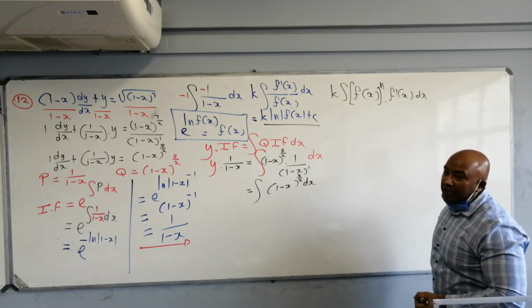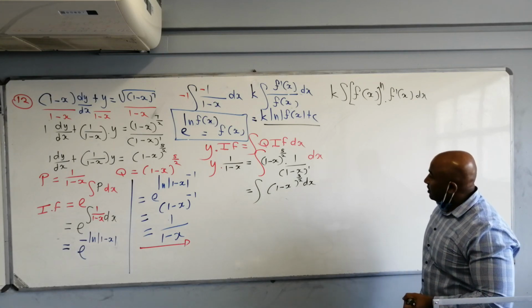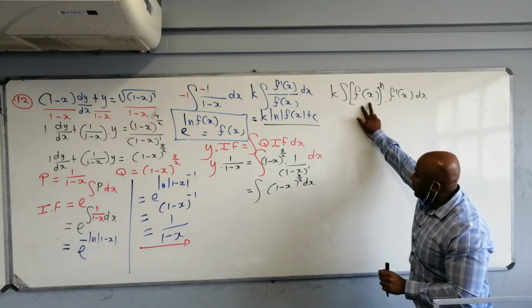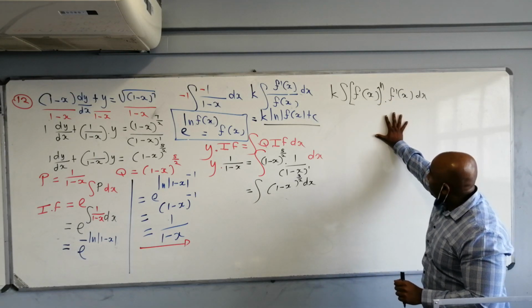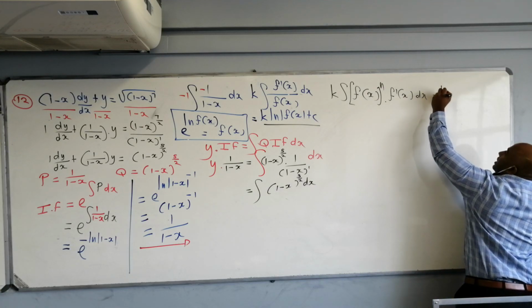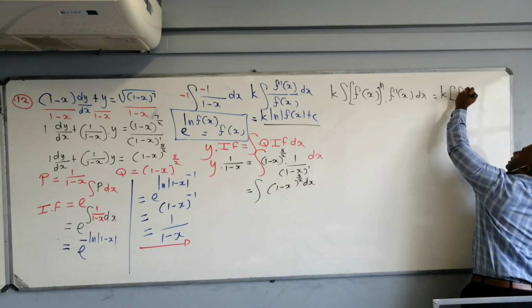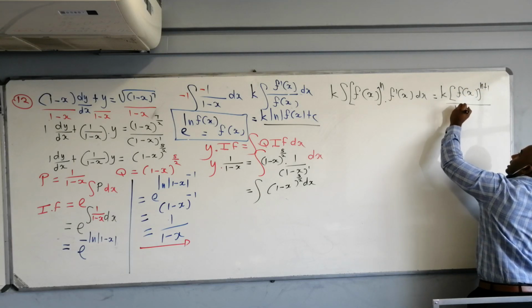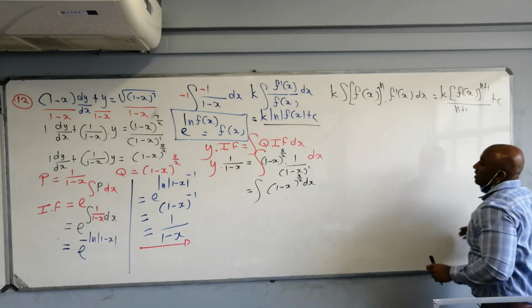This is the first type you deal with in n5. It's multiplication. f prime x is here, f of x is there. If this condition is satisfied, then by inspection the answer will always be f of x to the power n plus 1 over n plus 1, plus c.